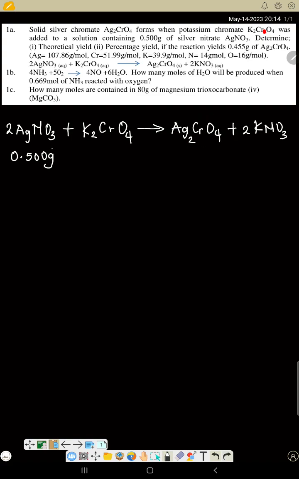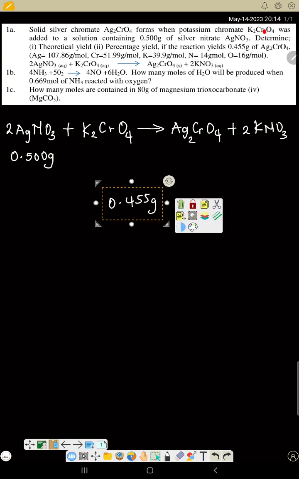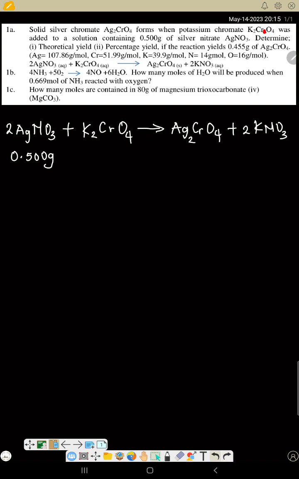So anything we get here with this 0.500 gram will give us the theoretical yield. So this 0.455 given in the question is the actual yield in the reaction. And percentage yield is actual yield divided by theoretical yield times 100%.